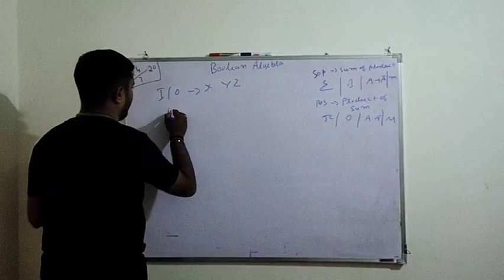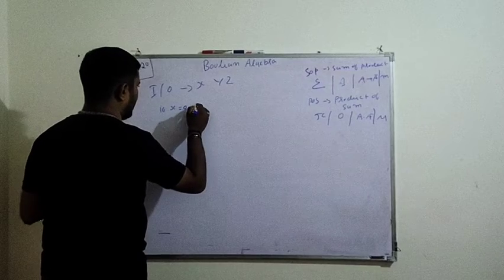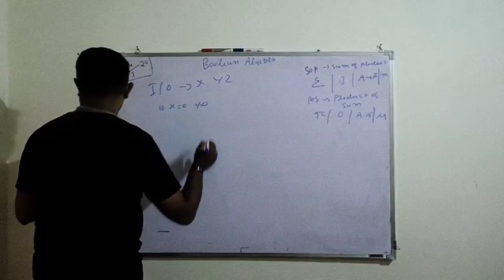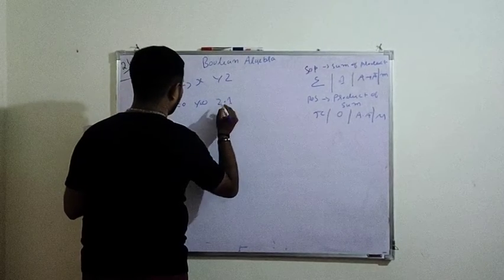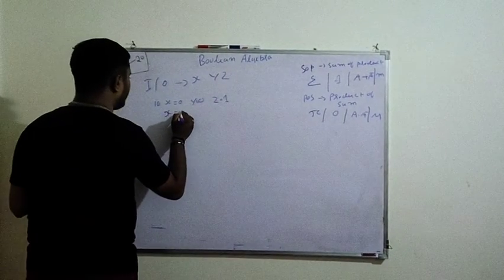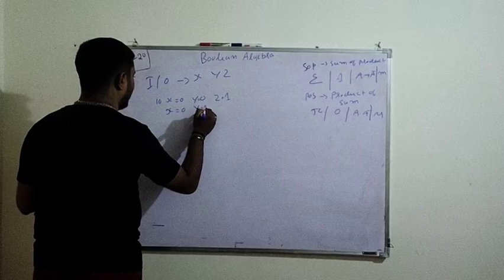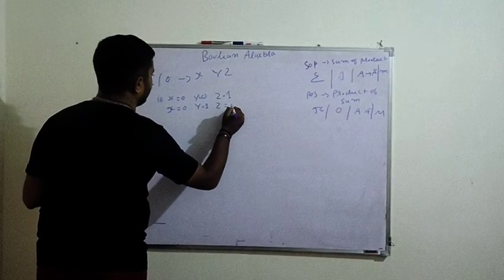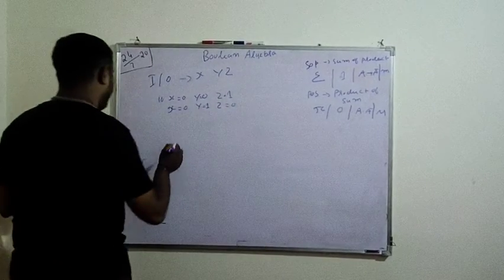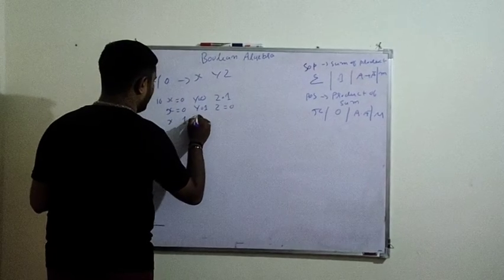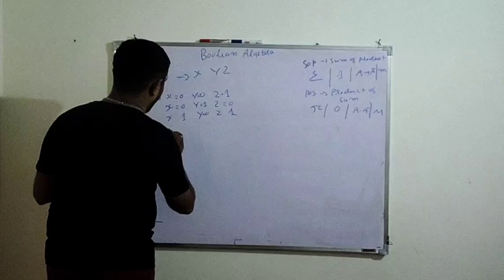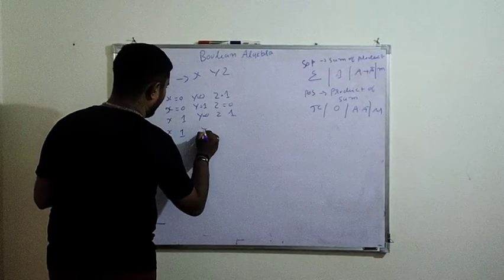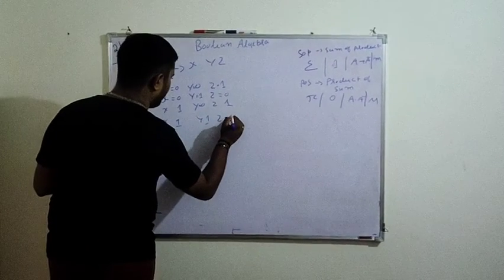If x is 0, y is 0, then z will be 1. If x is 0, y is 1, z will be 0. If x is 1, y is 0, z will be 1. If x is 1, y is also 1, z will be 1.